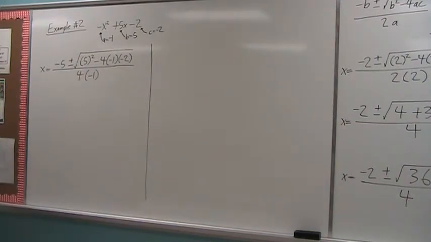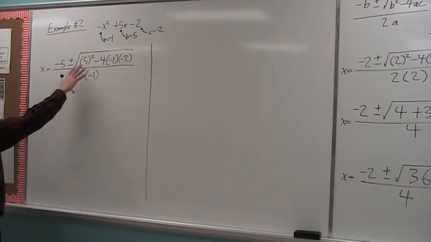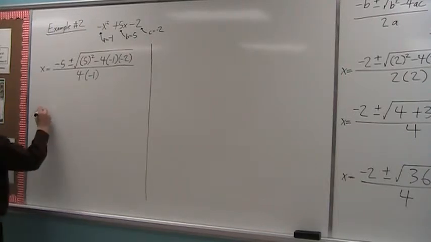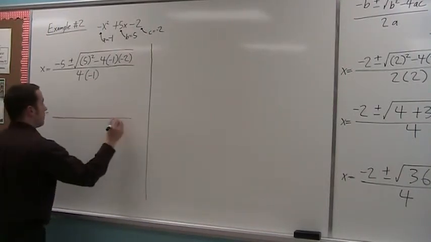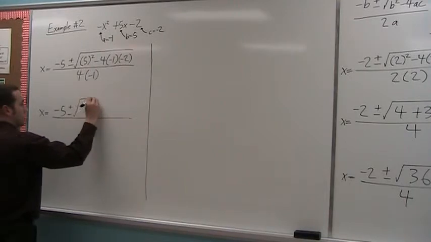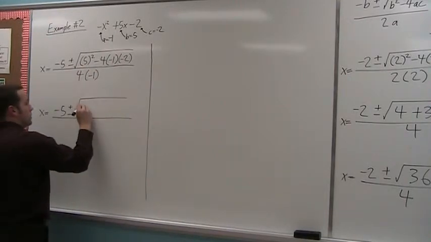Now we'll start to simplify it. We're going to simplify what's underneath the square root and, of course, the 4 on the negative 1. So we end up with x equals negative 5 plus or minus the square root of, this is going to give me 25.